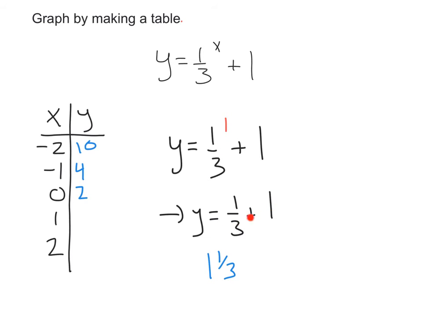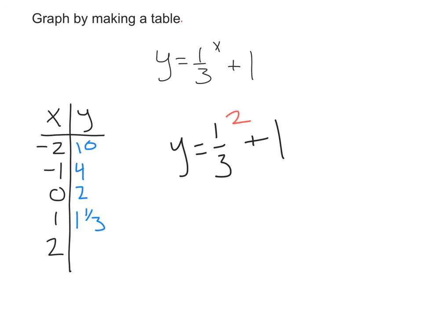Now you could write that as 4/3 if you got common denominators, but I like writing 1 and 1/3 because it's easier to graph. x equals 2. y equals (1/3) to the second power plus 1. That gives us 1/3 times 1/3, which will be 1/9 plus 1, which would be 10/9 or 1 1/9.